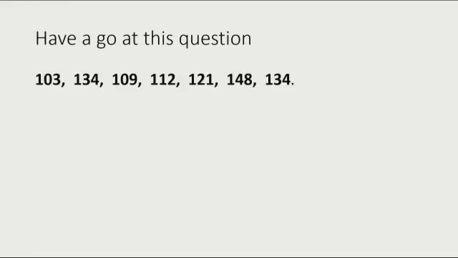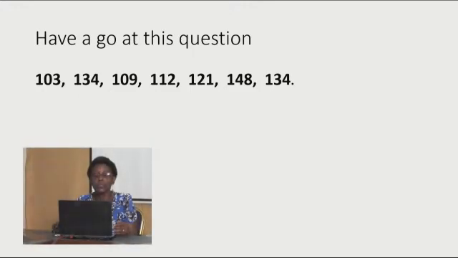Now you've got 1, 2, 3, 4, 5, 6, 7. So you've got 7 numbers in this set of data and you need to figure out the median. I'm going to give you just a couple of seconds. We're not going to put the timer, just a couple of seconds. What do you think you need to do?